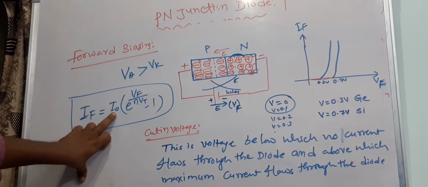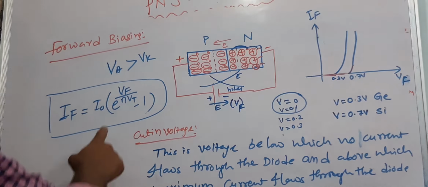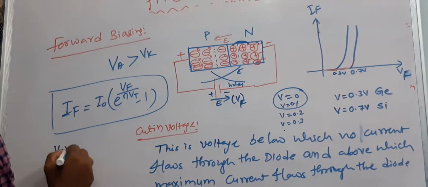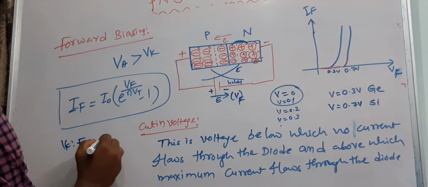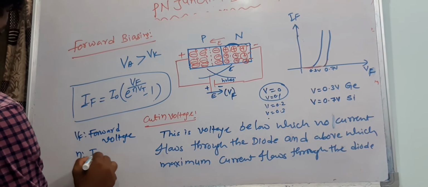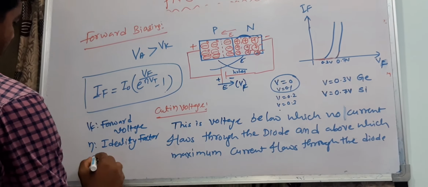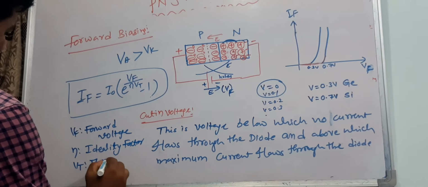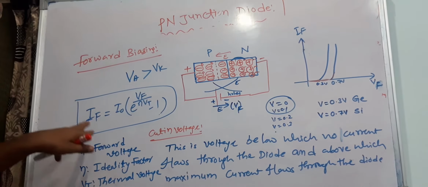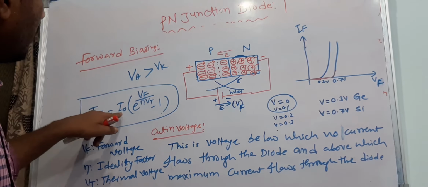IF equals I naught into e power Vf by eta Vt, where Vf is nothing but the forward voltage, eta is the ideality factor, and Vt is the thermal voltage. If you see here, this forward current will increase exponentially.